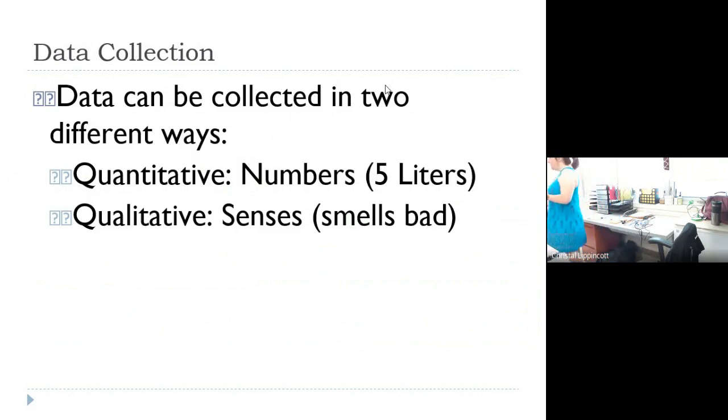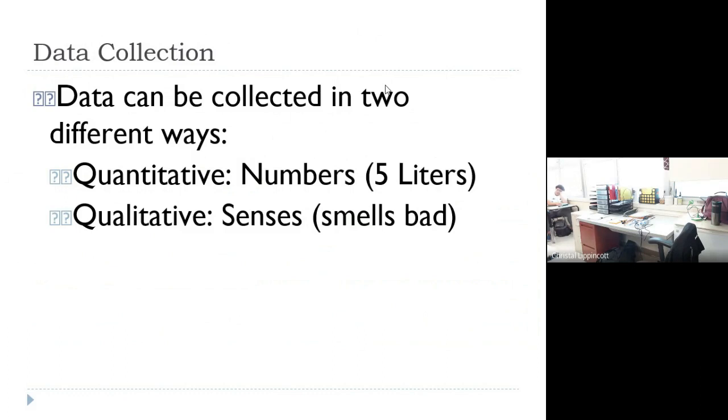Data that we collect during our experiment can be in one of two different forms. First type of data can be quantitative.